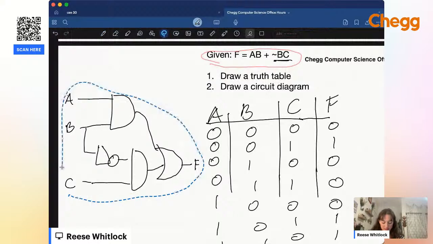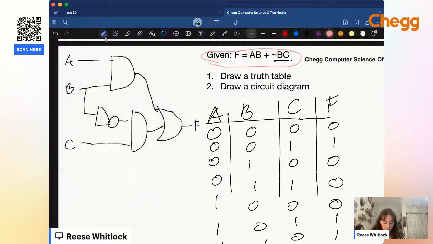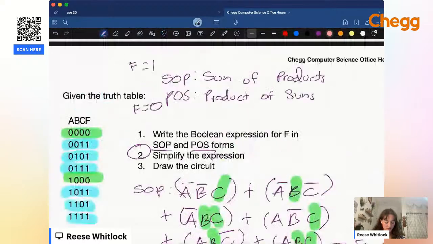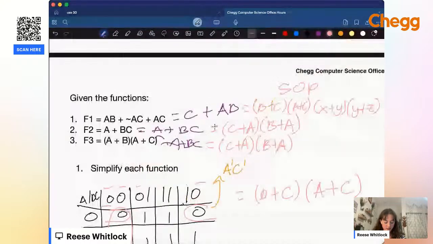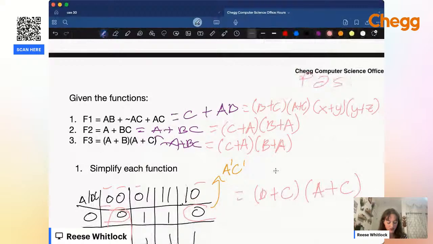Oh my gosh, I've been saying it the opposite way. Down here, when it says sum of products, this is definitely product of sums because in the end, it's multiplied. So you can think of it logistically.